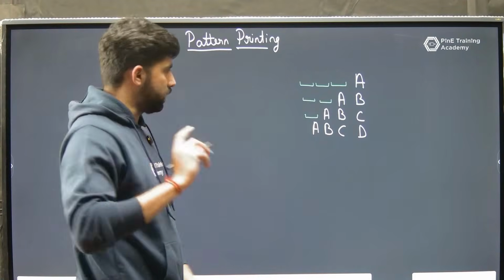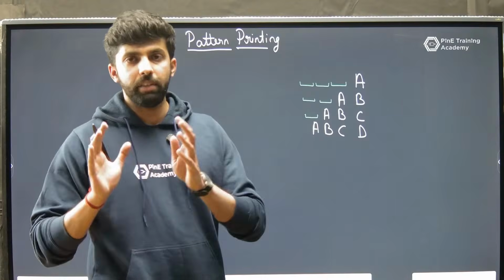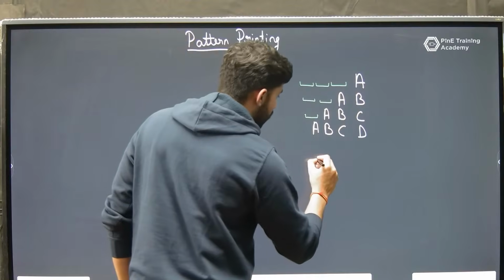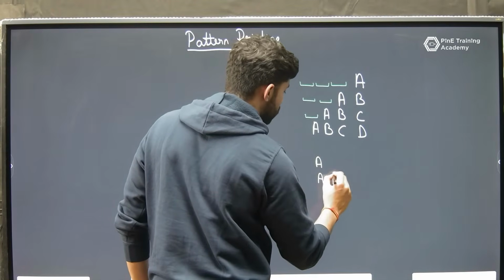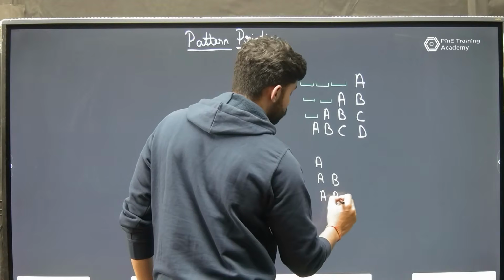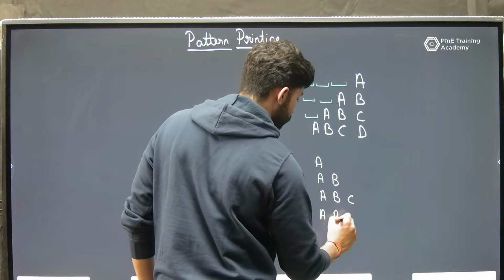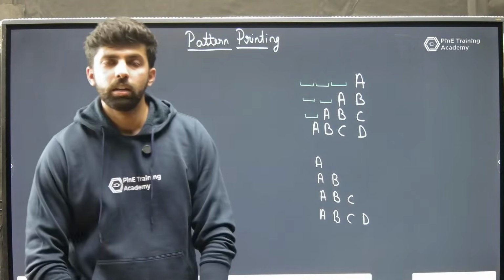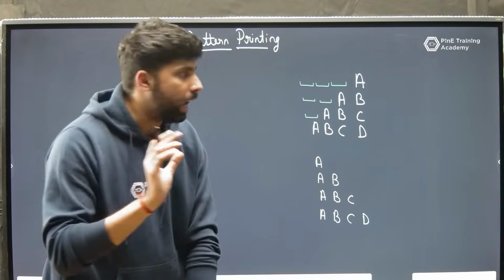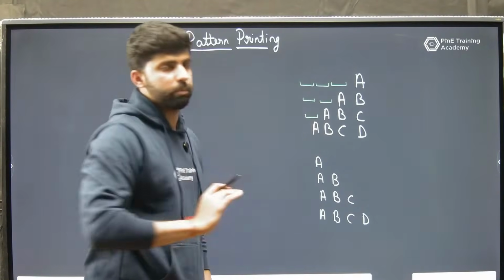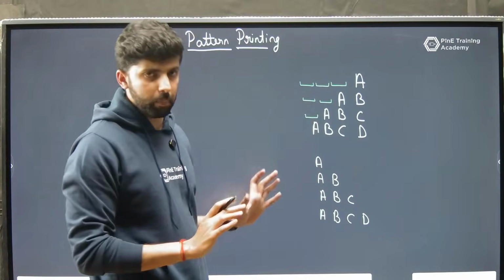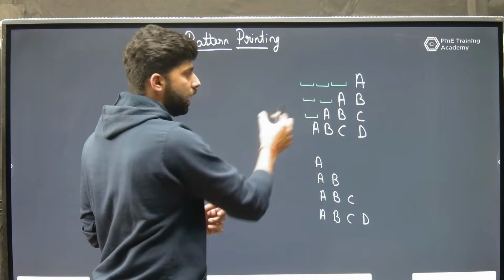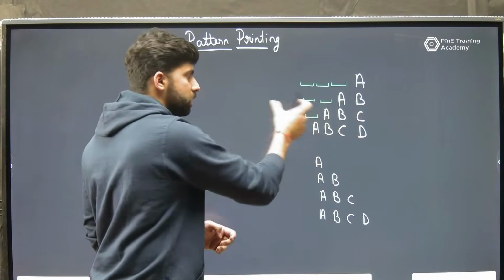Now, as I said, you need to be a very good observer. If you notice this pattern and this pattern, this pattern and this pattern are exactly the same if I don't include the space. If I remove the space from here, this A will be shifted here, this AB will be shifted here, and this ABC will be shifted here.